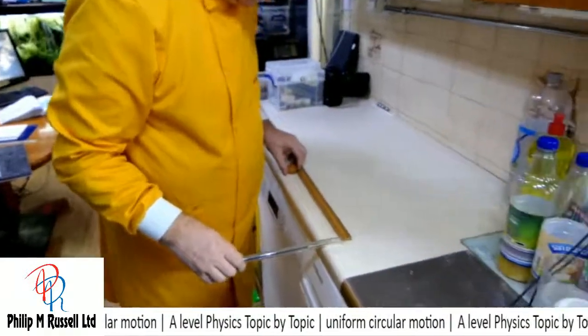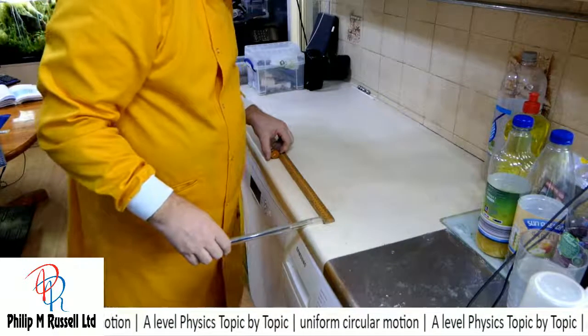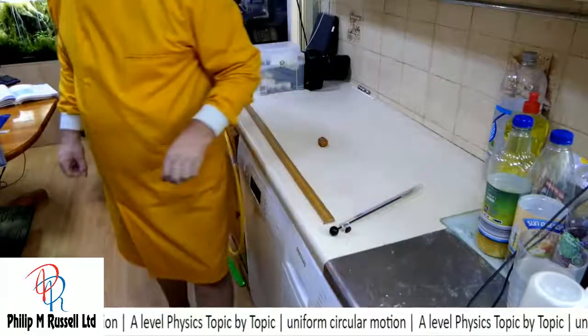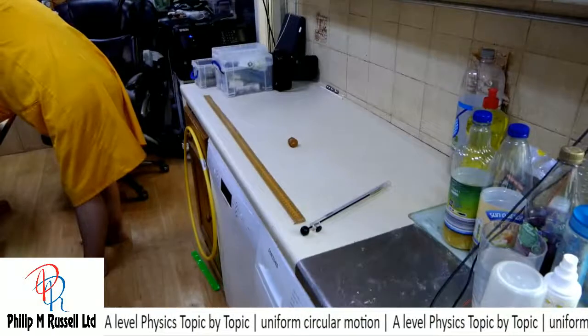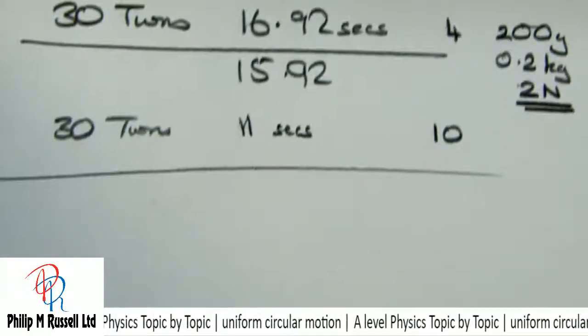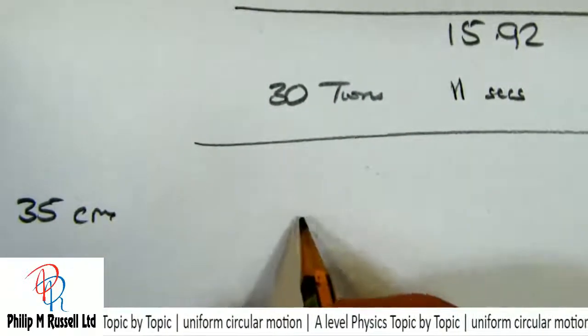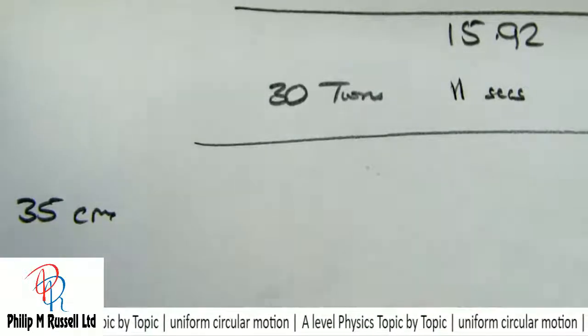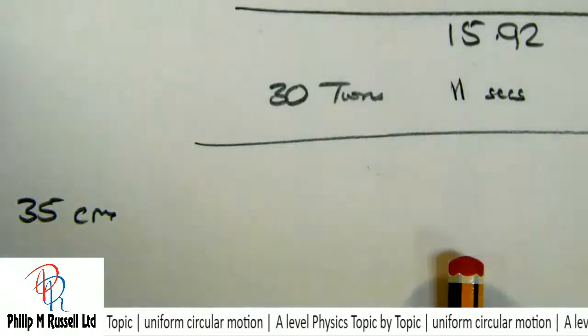And the length of this string now is, I guessed, about half, and it is about, that is 35 centimeters. So I've got 35 centimeters string, and we'll try something like 30 turns again, and we'll see what time we get. We'll see whether it's going to get longer or shorter.